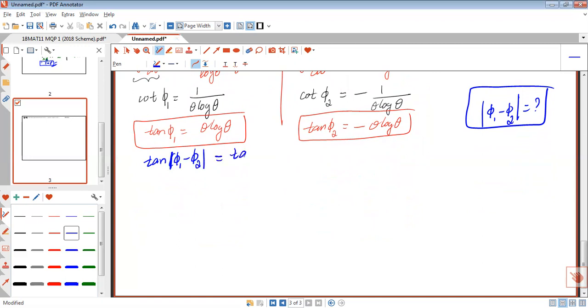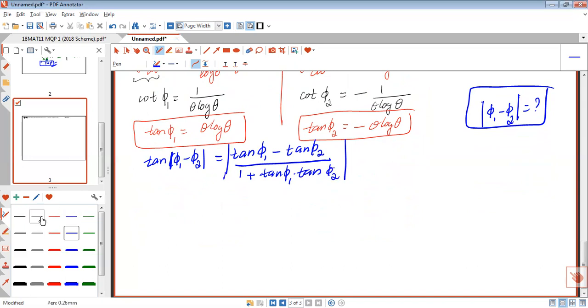The formula is modulus of tan phi 1 minus tan phi 2 divided by 1 plus tan phi 1 into tan phi 2, inside the modulus sign. The modulus is just to avoid the negative value here, that's all.